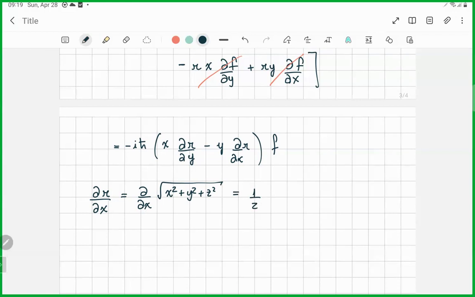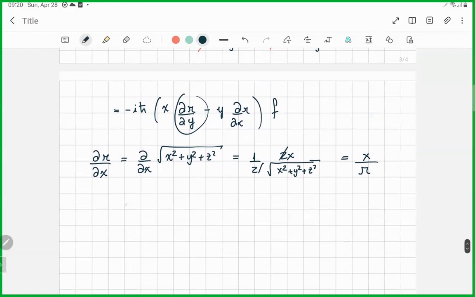This whole square root will become minus half, so it will go down here. And the derivative of what is inside gives us 2x. So this is x over r. And you can do the same for this derivative in y. And finally, if you go through all that, you will find the commutator of Lz with R is actually 0. Okay, so you can do the same procedure for all the other directions.